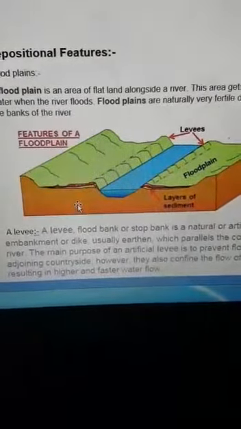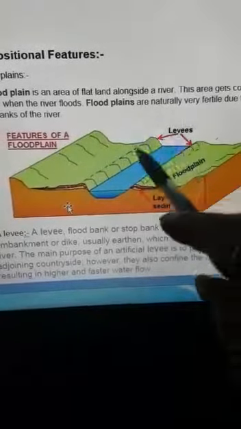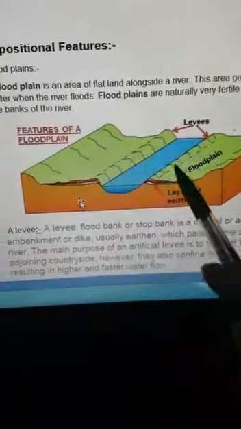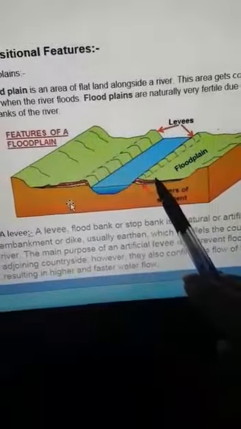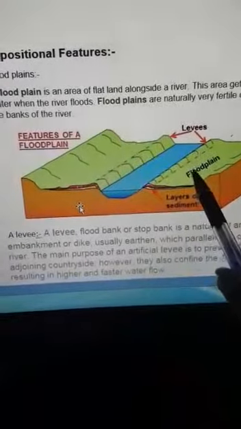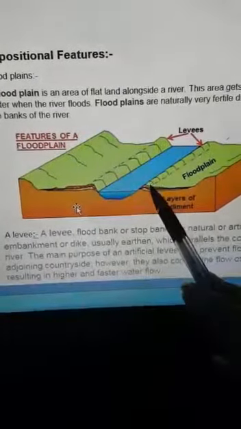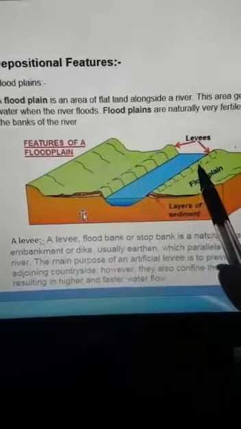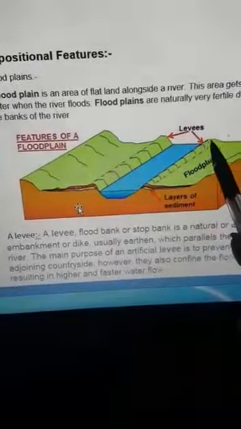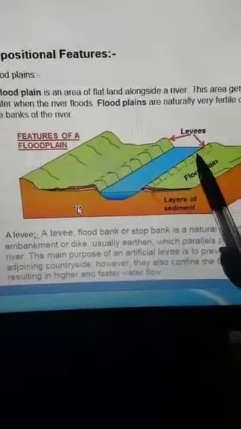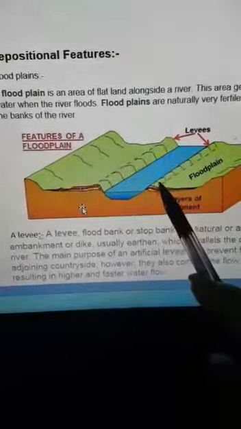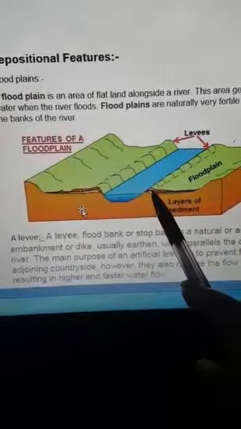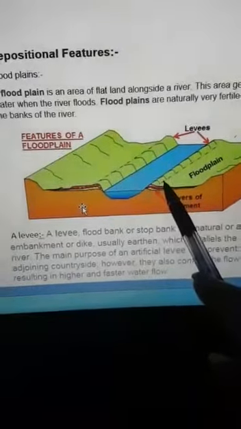Now along with the floodplain, there are two levees that can be formed at the two banks of the river. Now what is a levee? A levee is a natural embankment which is created by the river. When the river is overflowing the two banks, it is depositing silt, as I said. So when the silt is deposited near the river channel, just beside the banks, the river has a levee or a natural embankment.